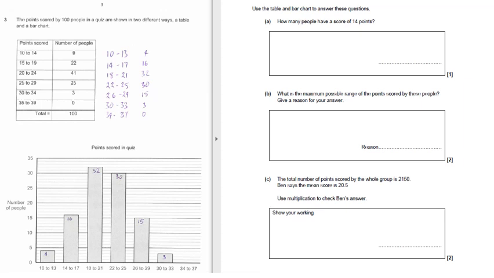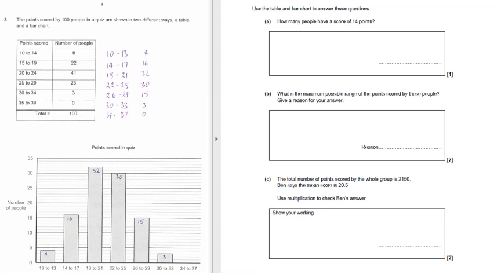So to understand what's going on here, you can see that I've put the number on top of each bar. So that's 4, that's 16, 32, 30, 15 and 3. And then I wrote it all out. Okay, so for 10 to 13 there's 4. 14 to 17, yes, so you can see that.